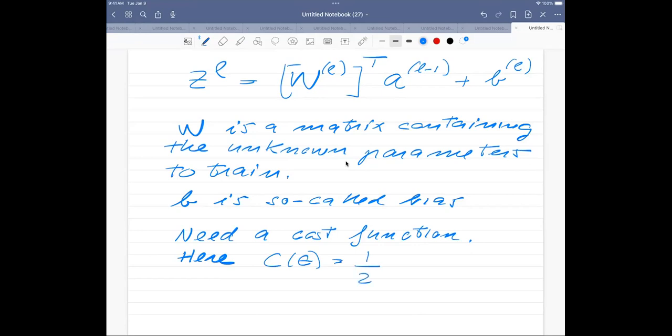I just have a factor of 1 over 2 because when I take the derivative, the factor of 2 disappears. So I have a sum from 1 to n, and then this is done for the last layer. And then I have my output, which I label as y, minus the target, which I label with t, squared. So that is going to be my cost function.